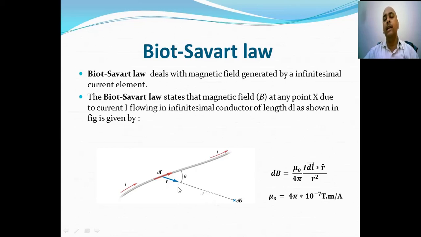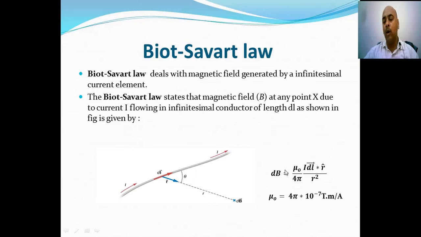Definitely the radial distance means the minimum distance between the current element and the observation point. Let us suppose the radial line r makes angle theta with the direction of IDL, that is, it is basically the angle theta between the radial line r and the axis of the conductor.